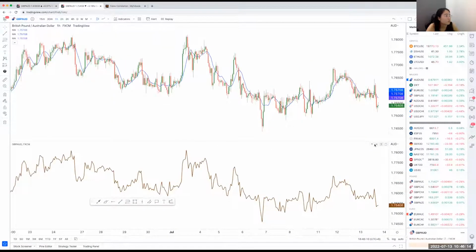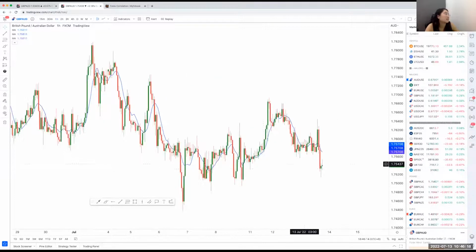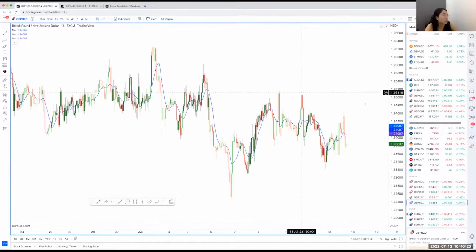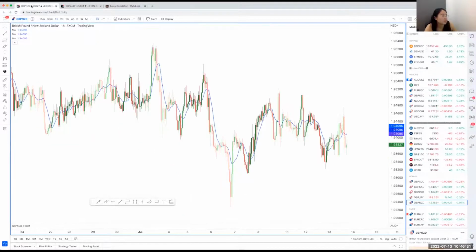Again, this chart was not the best to chart on anyway. We want to see what's happening on both charts. So this is the GBP AUD and this is the GBP NZD.